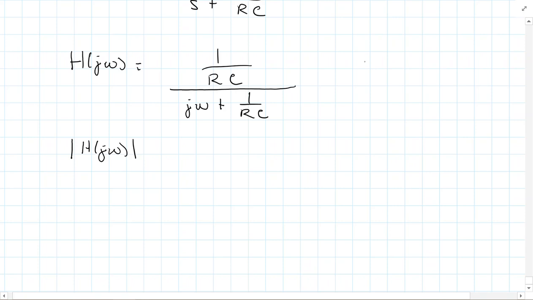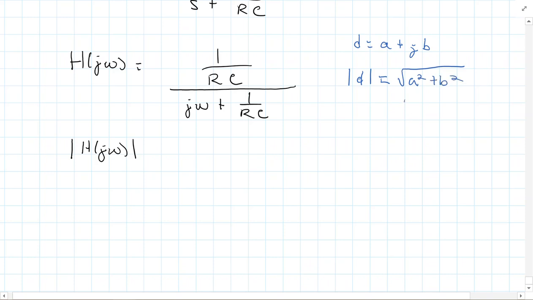If I have D is equal to A plus JB, the magnitude of D is then simply the square root of a squared plus b squared.